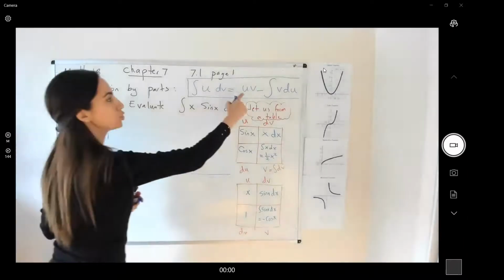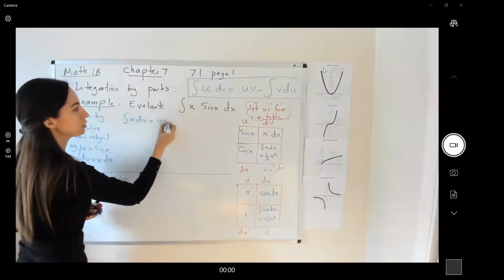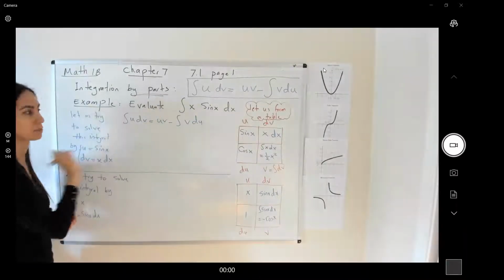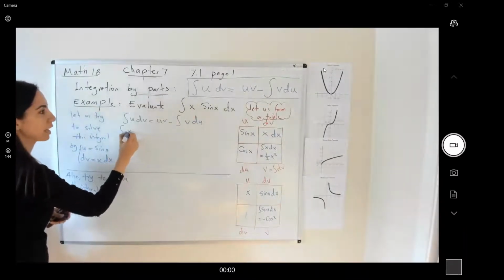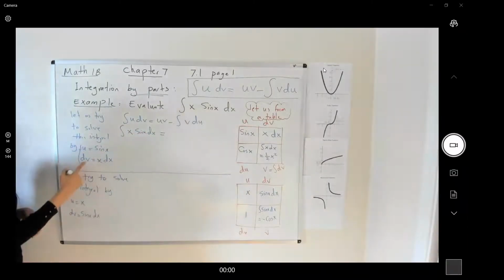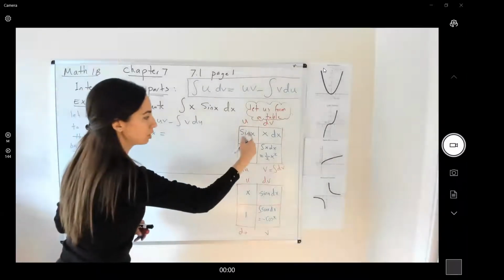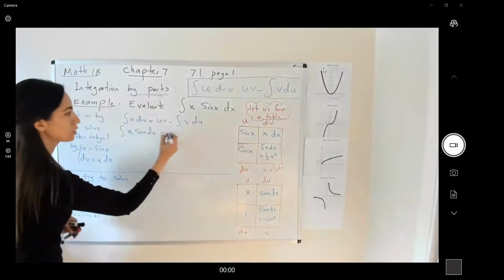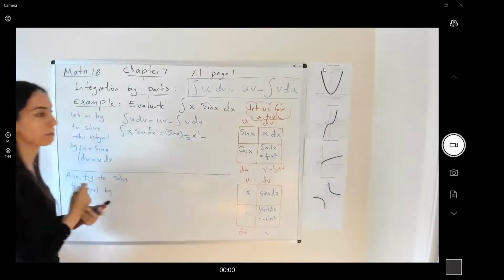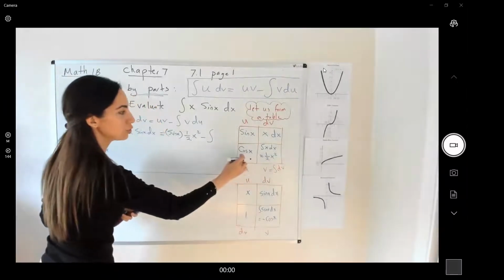Okay, so the integral of u dv is equal to uv minus the integral of v du, integration by parts. So for the integral x sine x dx, if I take u to be sine x and dv to be x dx, I get sine x times a half x squared minus the integral of v du.